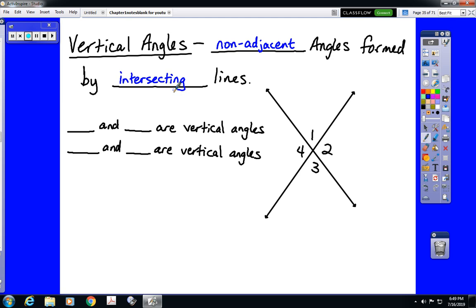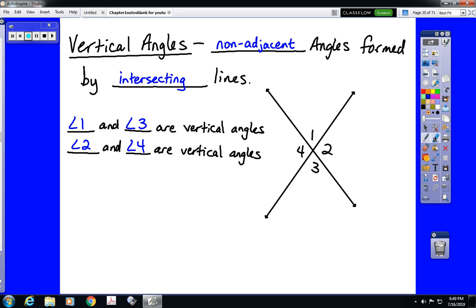So in this picture we have 4 angles here, 1, 2, 3, and 4, labeled. Angles 1 and 3 are an example of non-adjacent angles formed by intersecting lines. They are vertical angles, so the top angle and the bottom angle. Similarly, we could use angles 2 and 4 in the exact same way. They are also vertical angles.